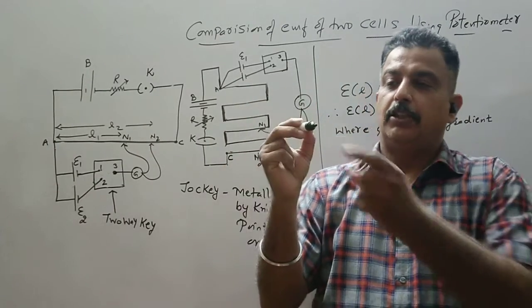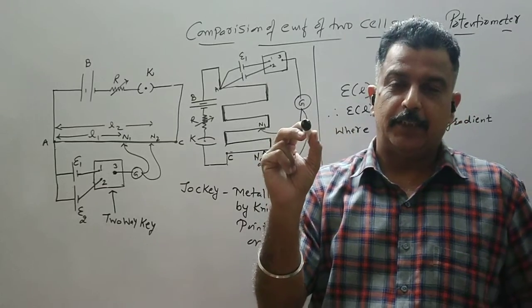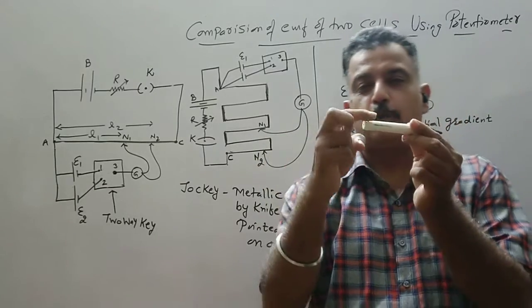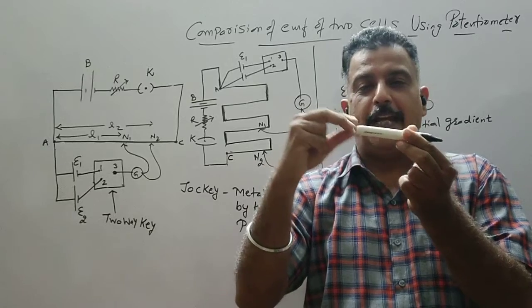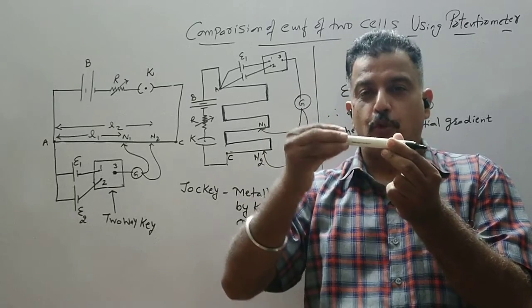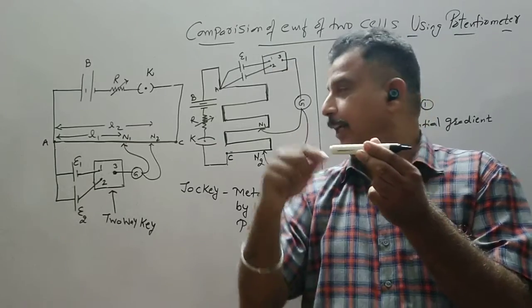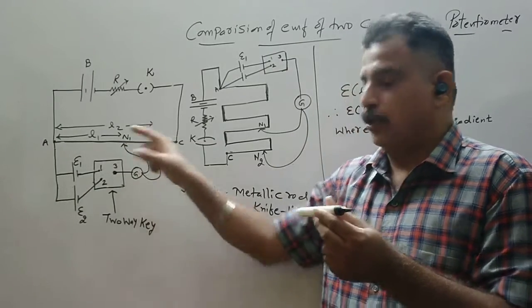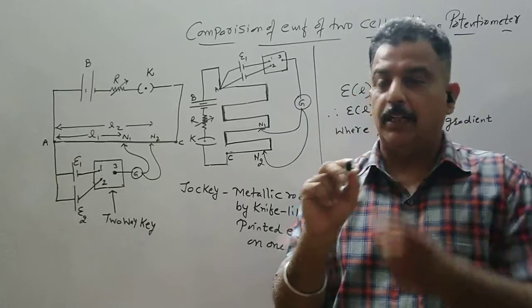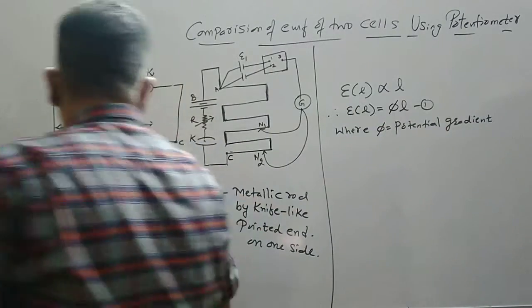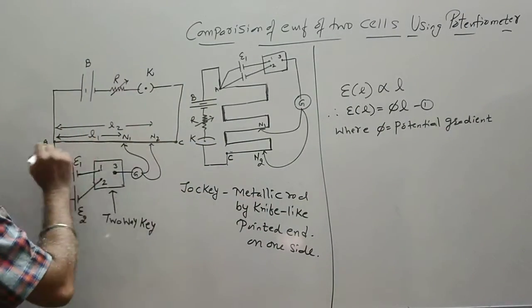So one end is pointed, it is sharp as compared to this end. One end has a screw-like system, or we can say it is a knob where we connect this wire to the jockey, and the other is a pointed end which slides on this potentiometer wire.